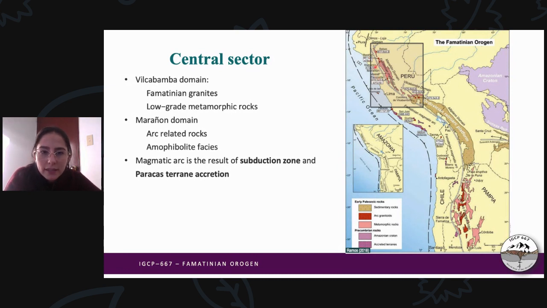The geochemical data of the rocks found here show a typical arc-related signature, and the metamorphic grade of the basement rocks corresponds to amphibolite facies, which are high-grade metamorphic rocks. These descriptions favor the interpretation of a paleosubduction zone and the later collision of the Paracas terrain to the west of the Marañón Massif.